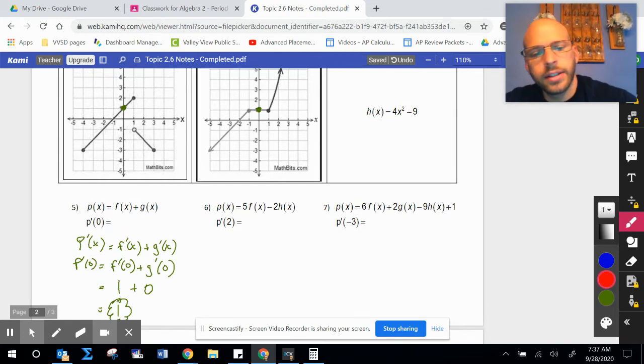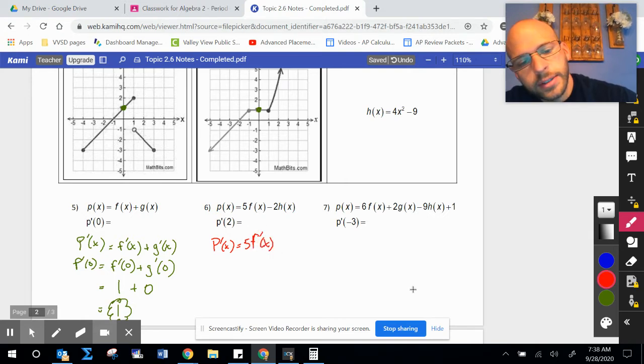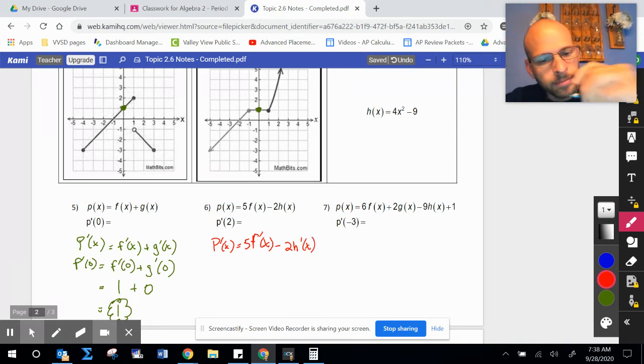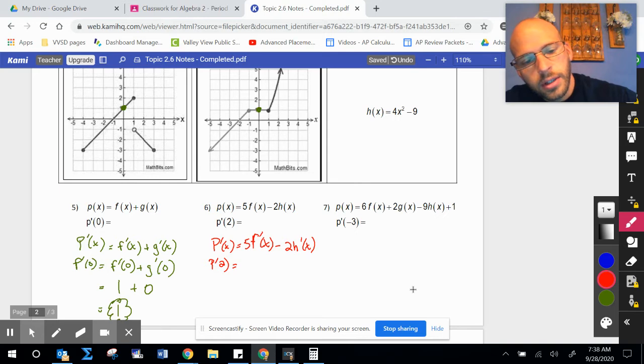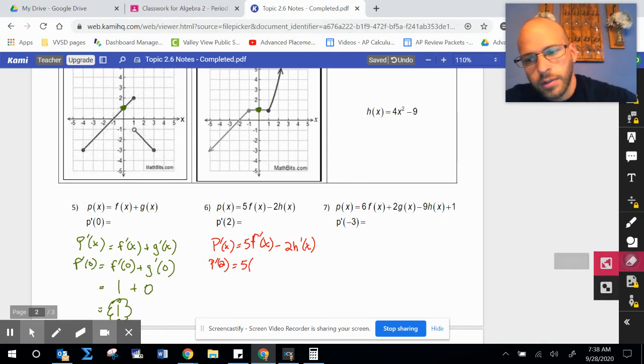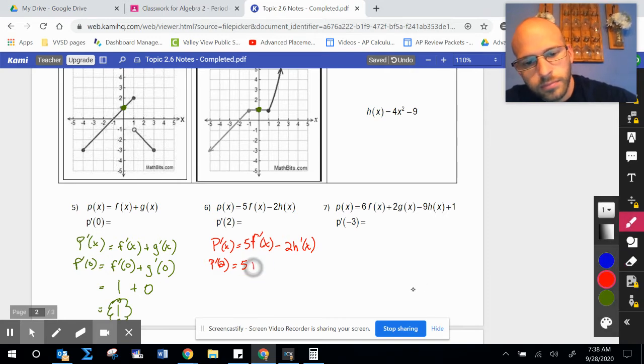So let's take a look at the number 6. I want p prime of x, which would be 5 f prime of x minus 2 h prime of x. So I want to know what p prime of 2 is, which is 5 f prime of 2 minus 2 h prime of 2.